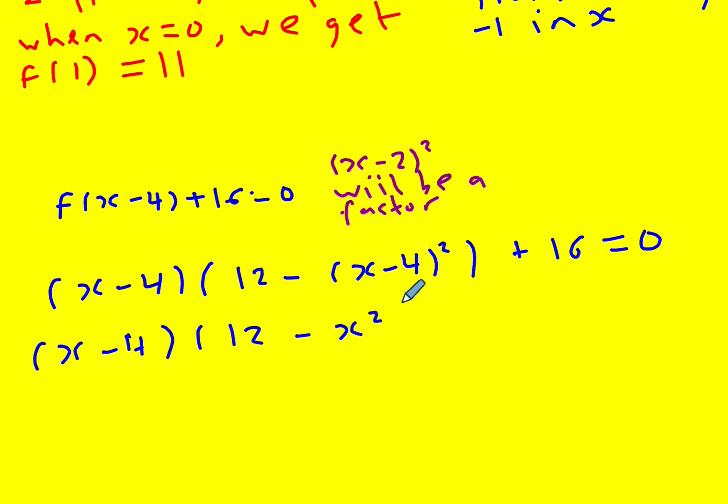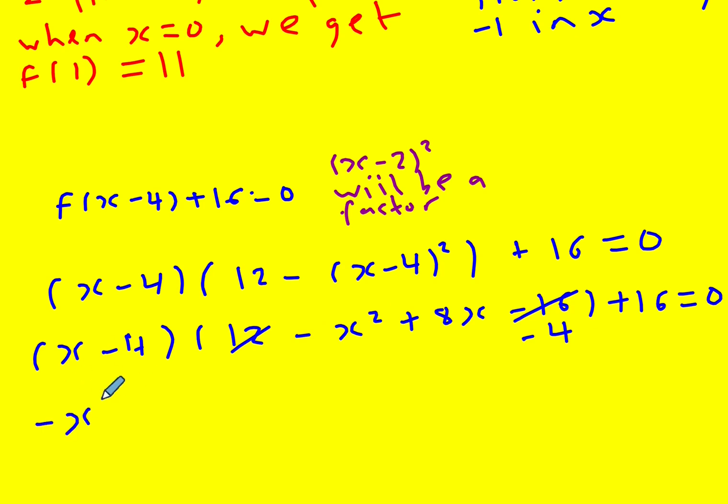I'm going to get minus 8x, it'll become plus 8x. I'm going to get plus 16, that's going to be minus 16. The 12 and the minus 16 will become minus 4.